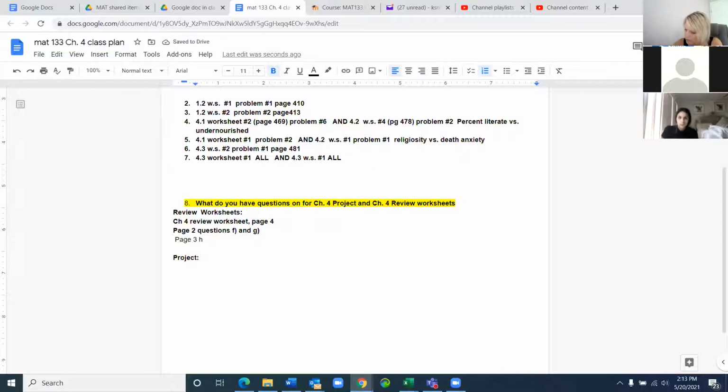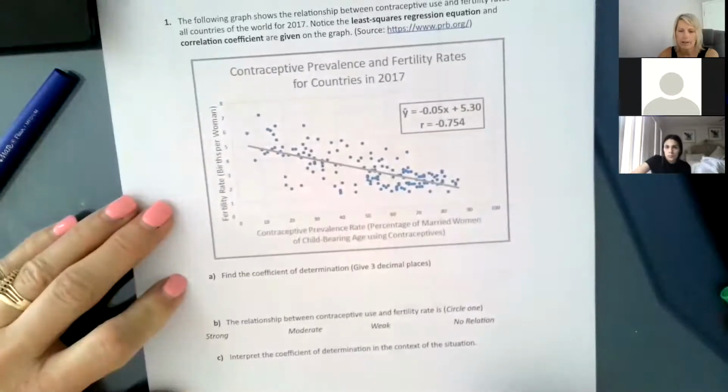We'll do all of it. My computer, I think, is running slow with Zoom right now.